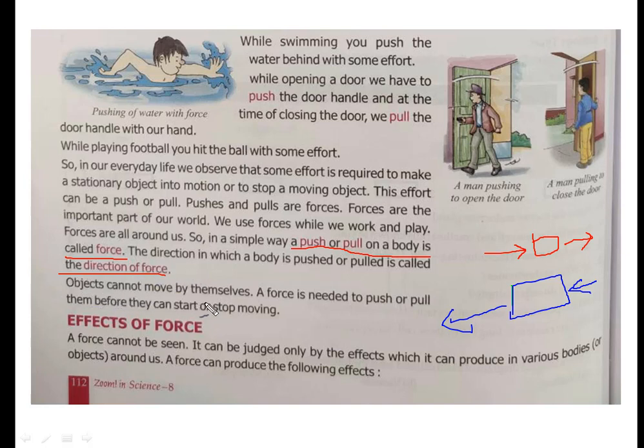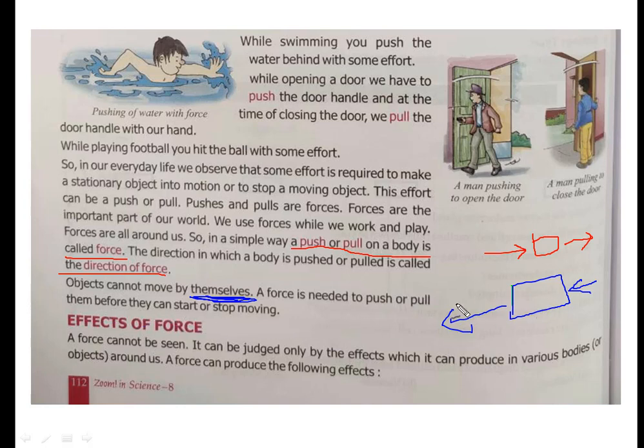Objects cannot move by themselves. They are not living bodies. Only a living body can move by itself. The non-living body or the object cannot move. A force is needed to push or pull them before they can start or stop moving.